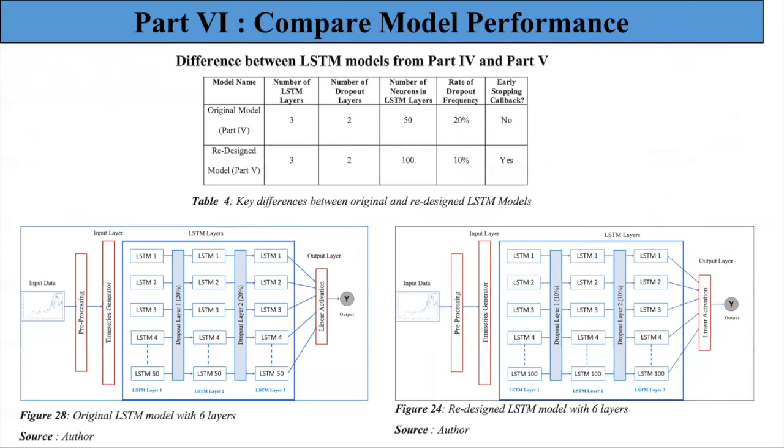So with that, I will quickly compare the performance, which we already compared, but I'll go through the slide. As we see, the original model had three layers and two dropout layers. The only difference was the number of neurons and the dropout percentages. So these are the differences between the architecture of both models.